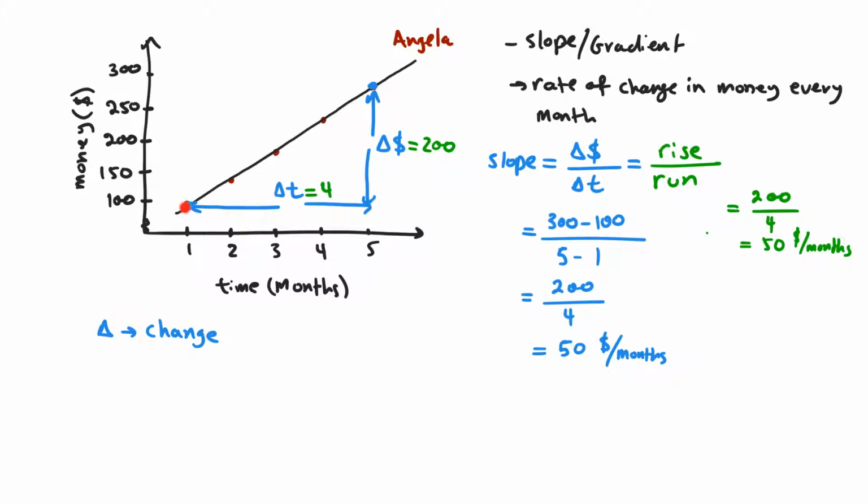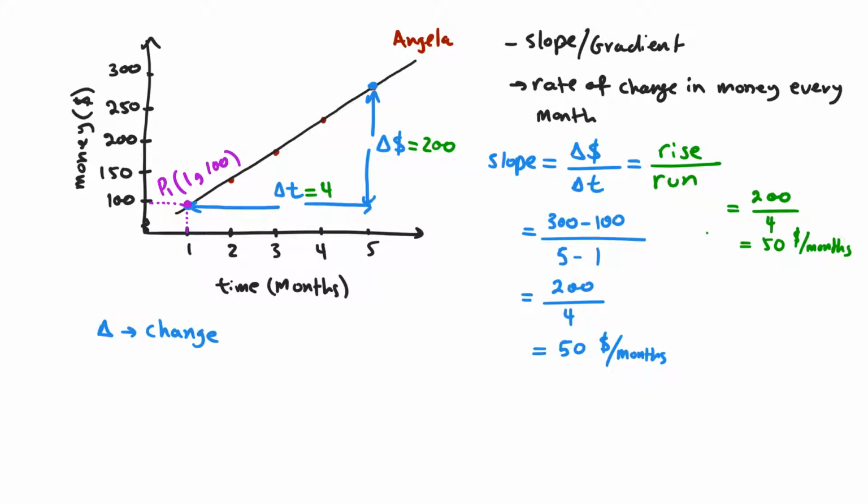In this case, I will pick 1 point right here, our starting point, and I will choose our final point over here. To label them, this point over here, I'm going to call P1. This point has a coordinate in my independent variable of 1, and in my dependent variable, a coordinate of 100.